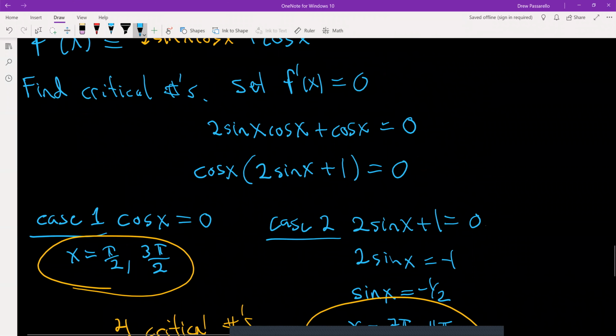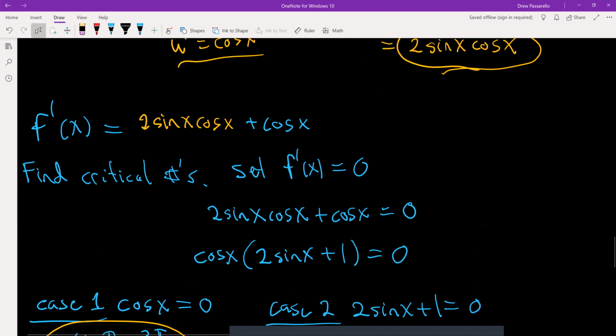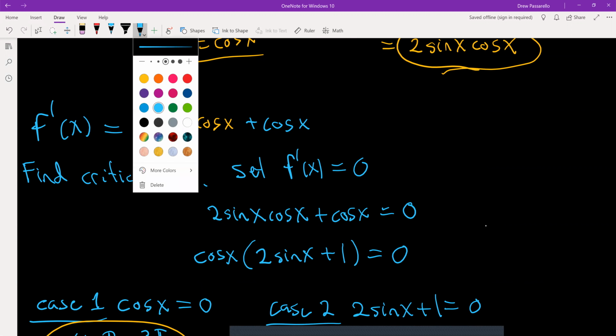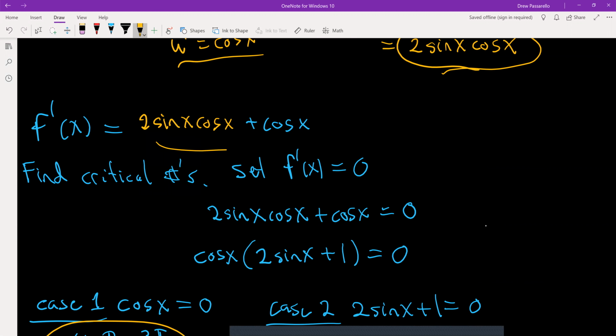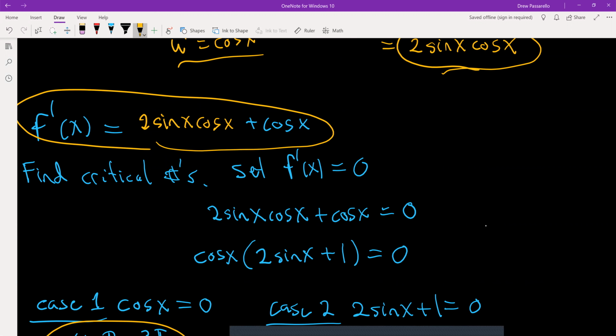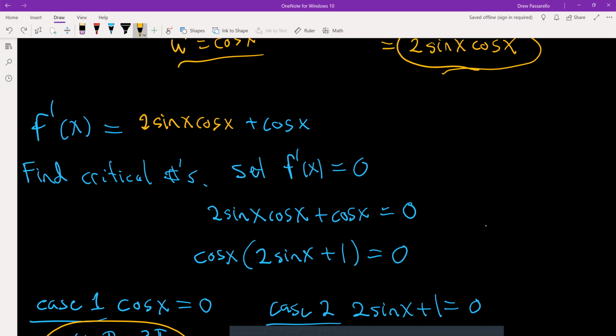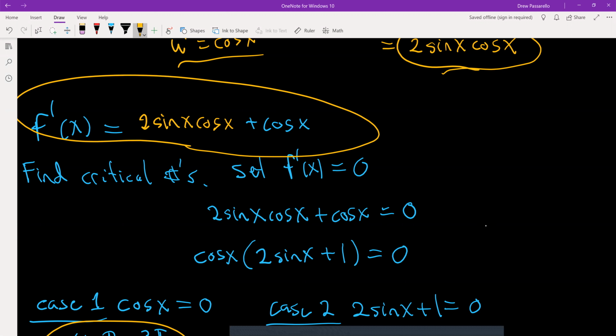And our derivative, I didn't circle it, but we have 2 formats we could use. So we have this format, or I could use its factored format. I'm going to use the factored format, cosine x times 2 sine x plus 1.